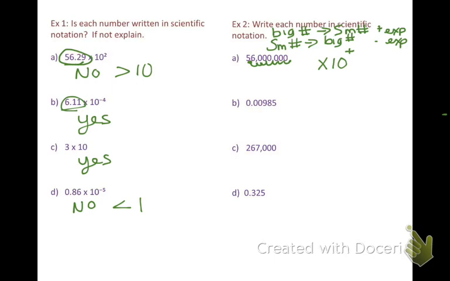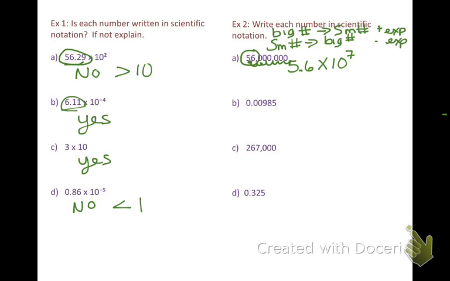Exactly. So you have 5.6. Then you count how many times I moved that decimal over. I moved it 1, 2, 3, 4, 5, 6, 7 times. So it's a positive 7.